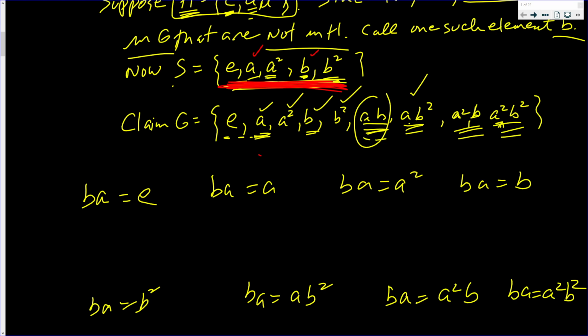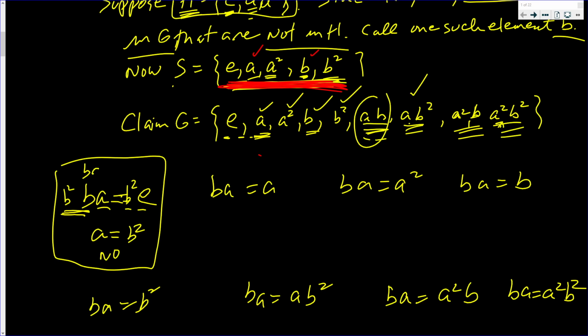Alright. For the first one, if I multiply it on the left by B squared, this is E, because it's B cubed times A, that's A, and then the right side is B squared times E, which is B squared. No. So, BA cannot equal E. What about BA equaling A?